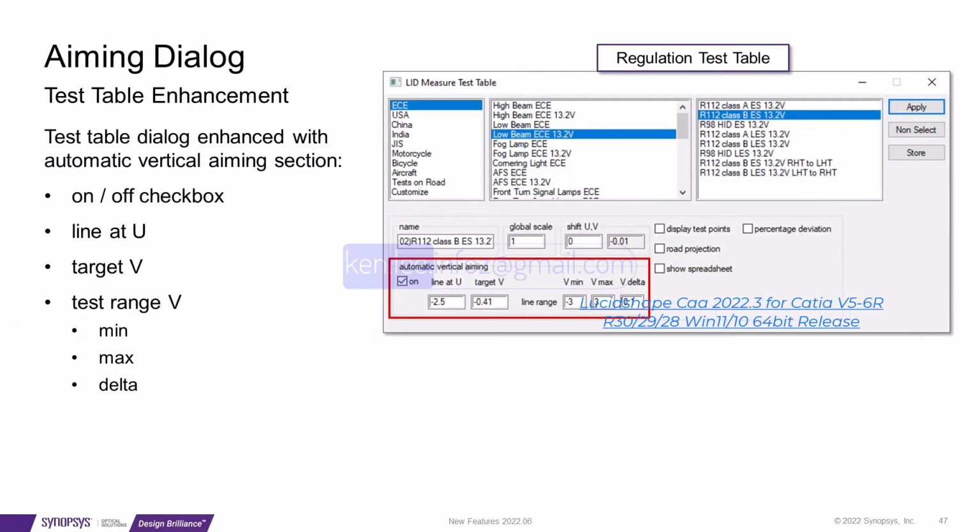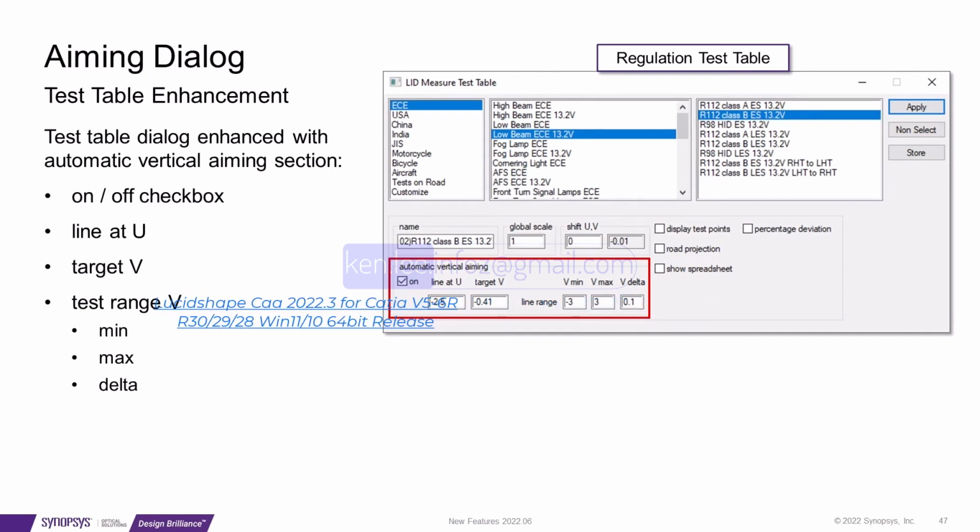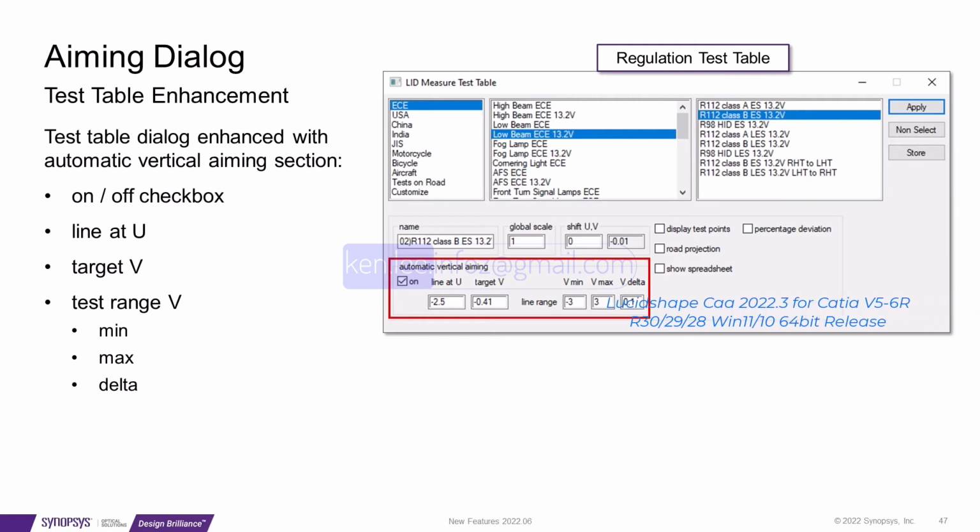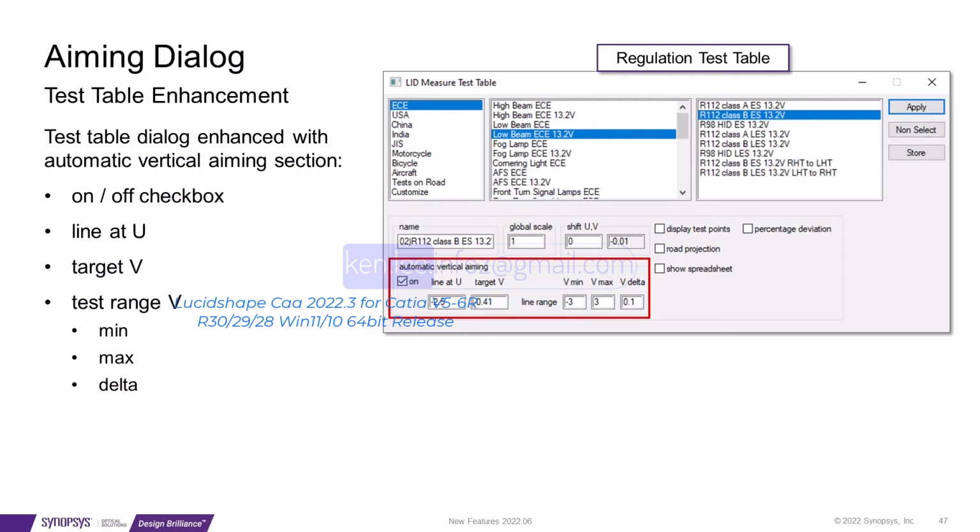The test table dialog was enhanced with the automatic vertical aiming section. After activating the automatic aiming with a checkbox, we get access to the new parameters. Line at U sets the horizontal position for the vertical gradient scan.